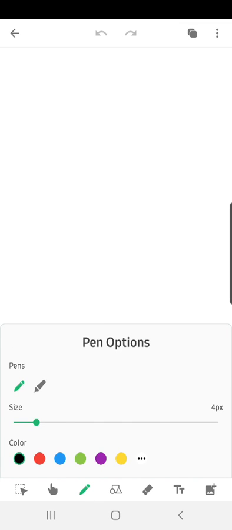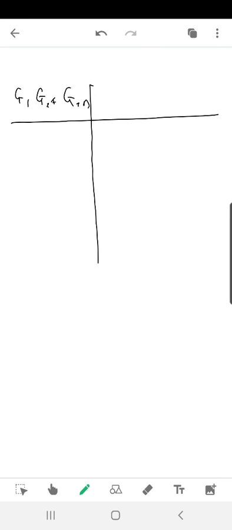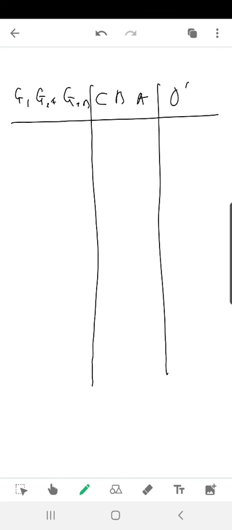The 3 pins of our enable function are G1, G2A, and G2B. These are our enable pins. Then we have inputs A, B, C, and of course we have outputs.